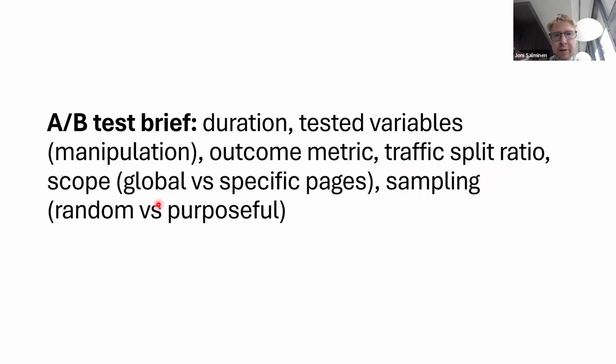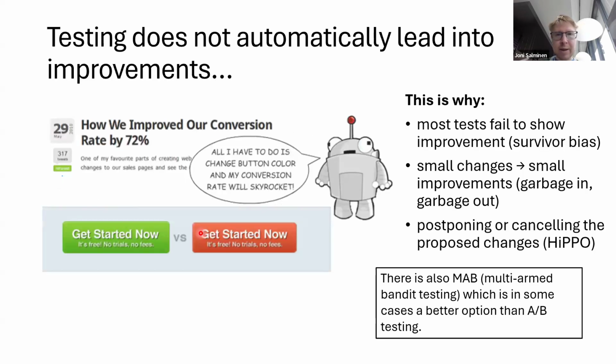You can configure it either way. And then how do you include participants? Is it all the traffic, or are you just selecting some segments of people to be included in the A/B testing? So these kinds of variables you can decide, and they afford very flexible, different ways of implementing A/B tests.